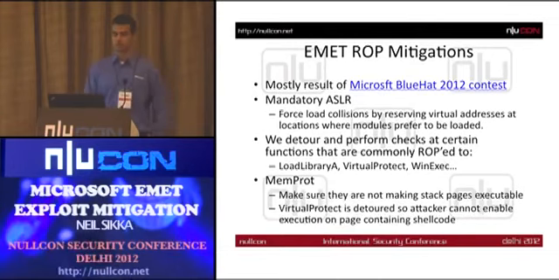We also detour certain functions and perform checks at those functions. We generally detour functions that are heavily abused, like LoadLibraryA and VirtualProtect. We also have memprotect mitigation, where we make sure that the attacker is not making stack pages executable. And VirtualProtect is detoured so that the attacker cannot enable execution permission on a page containing shellcode, for example.